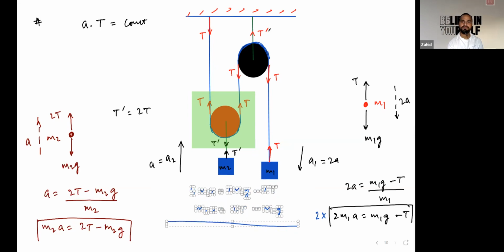On adding these two equations, you get acceleration is equal to 2 times M1 minus M2 divided by 4 times M1 plus M2 times gravity.